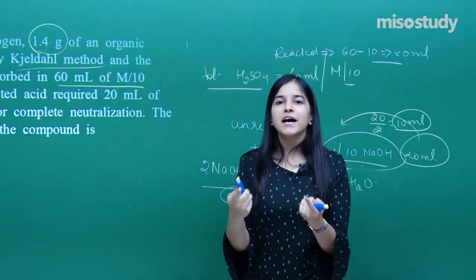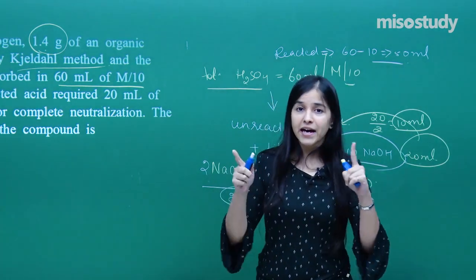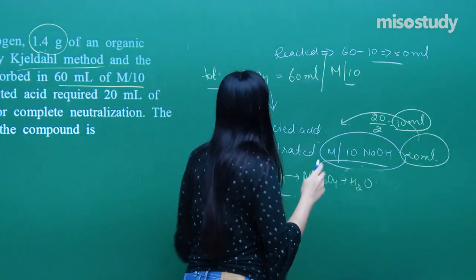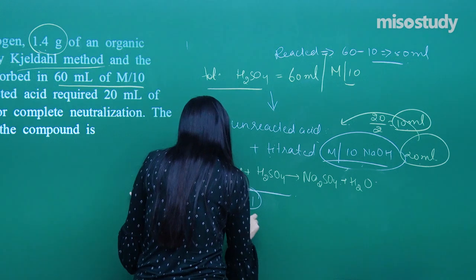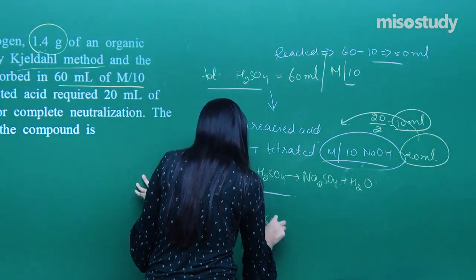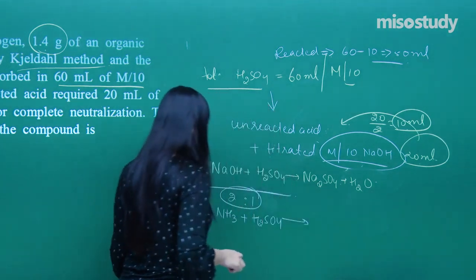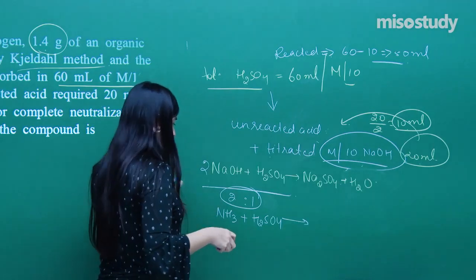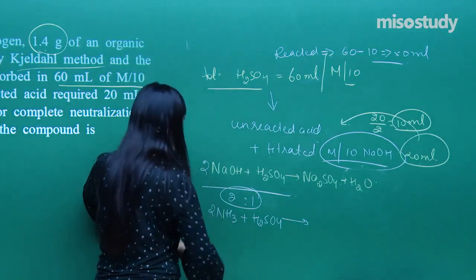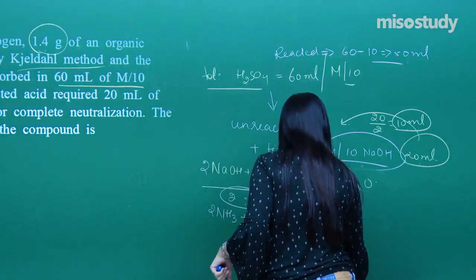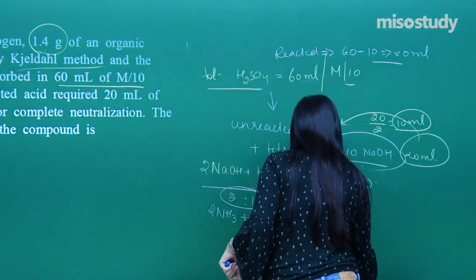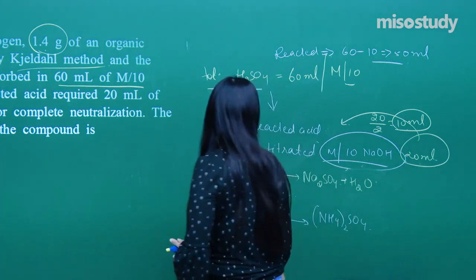Now I need to have an equation for ammonia and H2SO4 neutralization. So that will be NH3 plus H2SO4, right? And if you just look here very carefully, I need to make it twice again. Clear? What we get over here is ammonium sulfate as my major product.